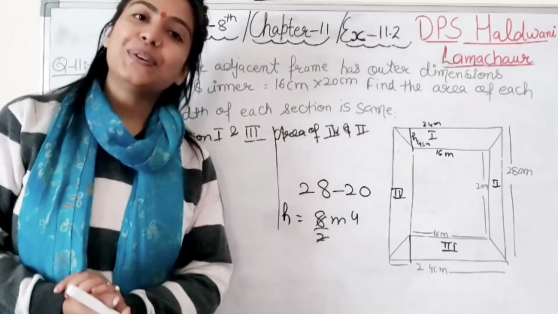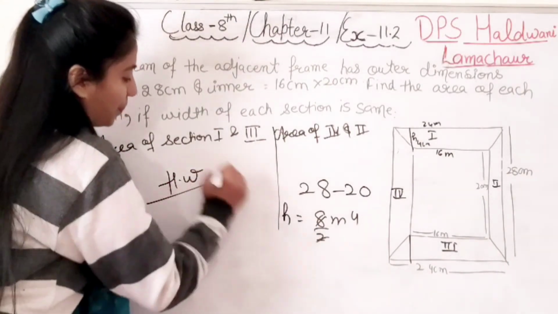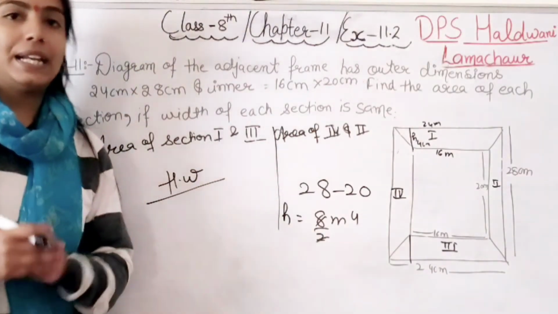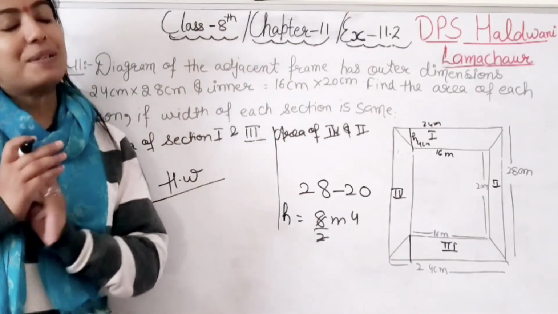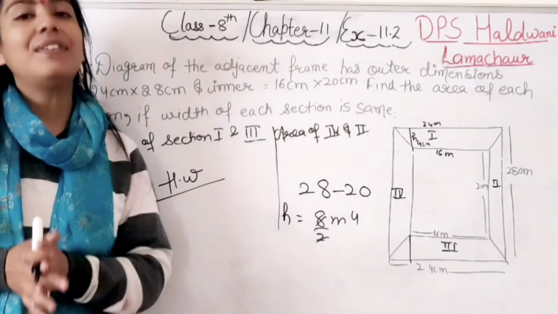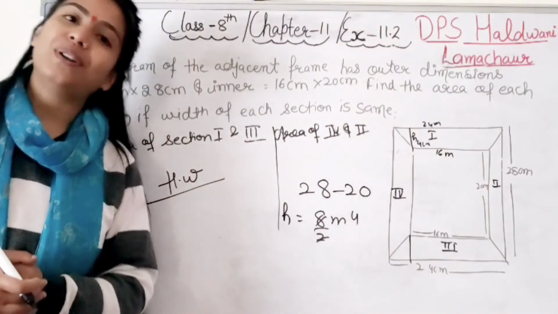I hope you understood how to solve this question. So this is just homework for you. If you don't, then we will discuss the same question in the Google class. But please try it by yourself. Try to solve this question. I told you everything about how to solve it.